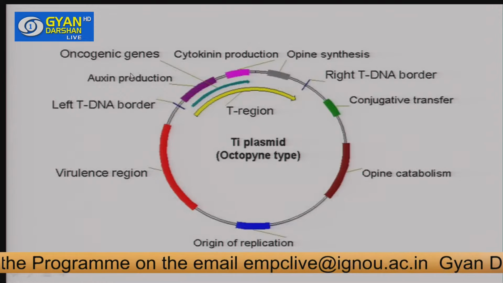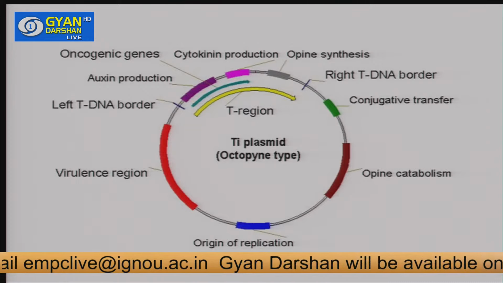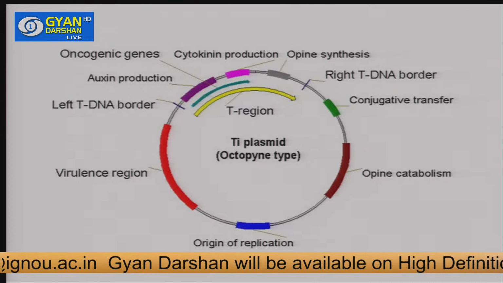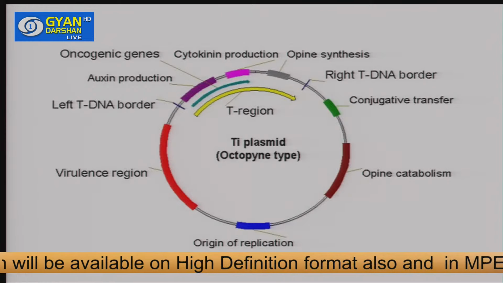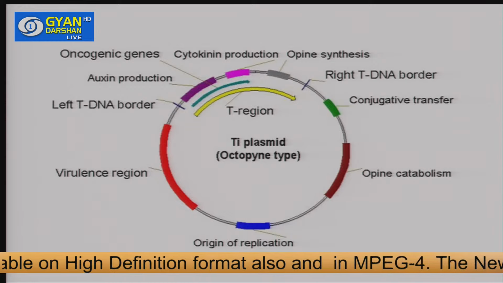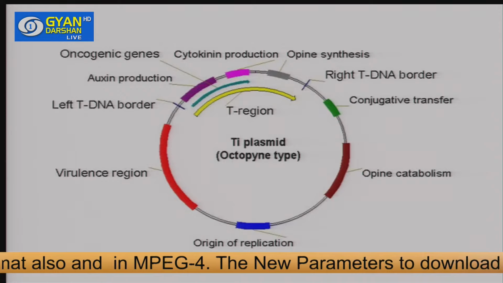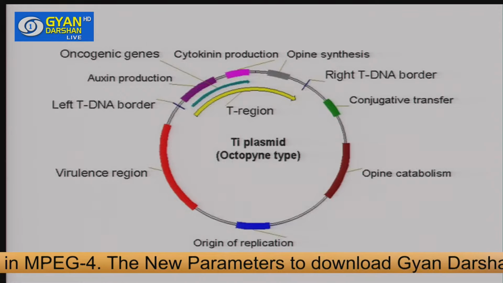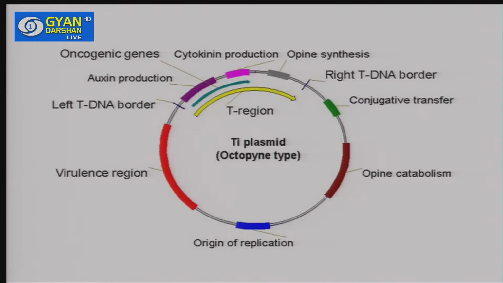And you can see an interesting thing, oncogenes. By the term oncogenes, we normally mean the genes which are responsible for cancer formation. But you should be surprised to see why the oncogenes are there in this particular Ti plasmid. Because if there is an abnormality in the auxin and cytokinin production in the plant system, then there will be abnormality, and that is why these genes are also sometimes referred to as the oncogenes.